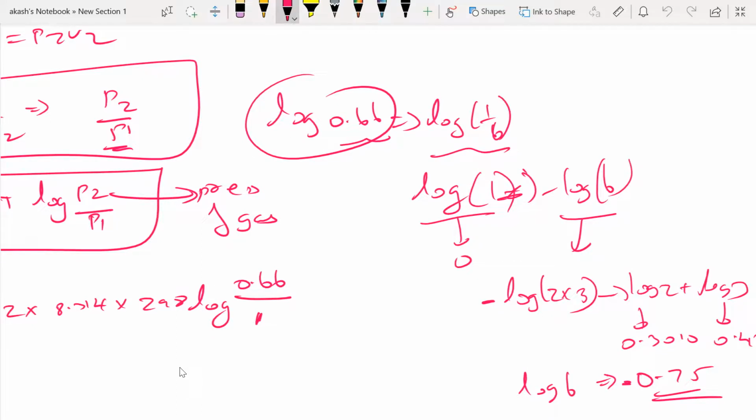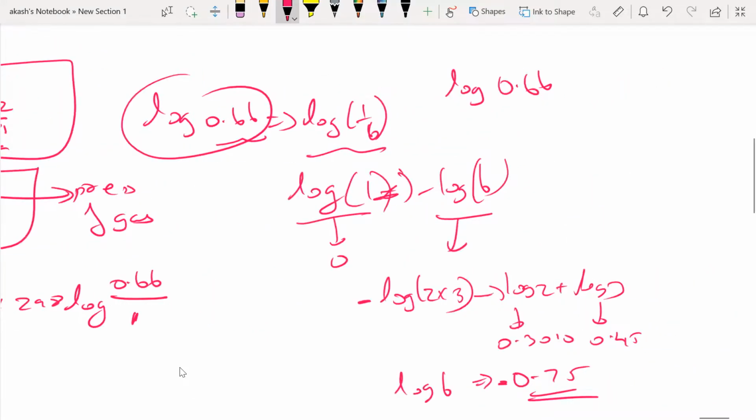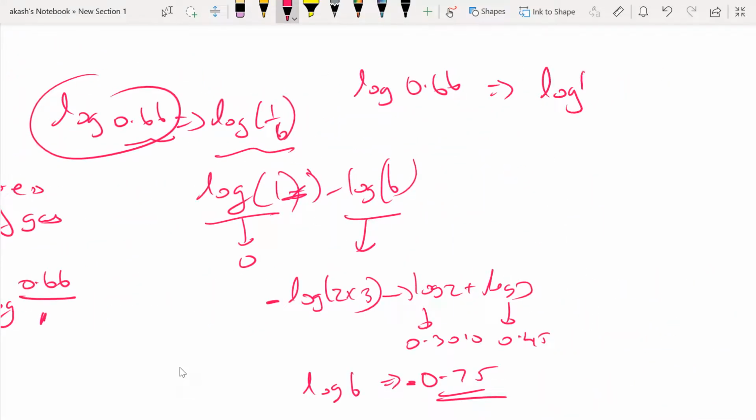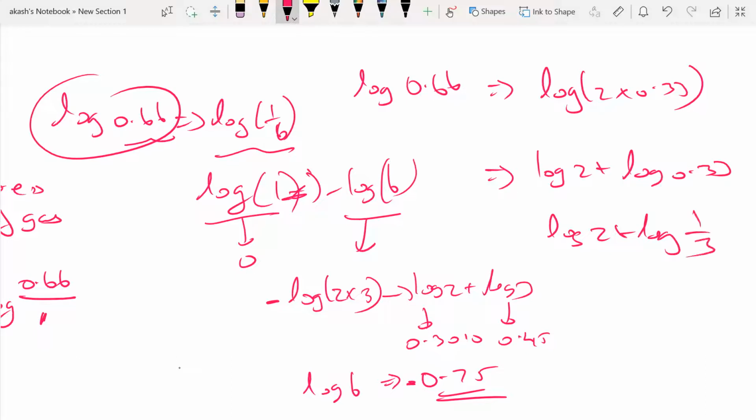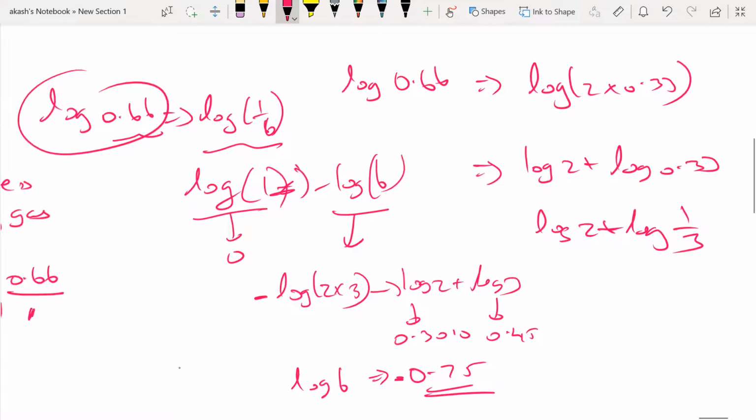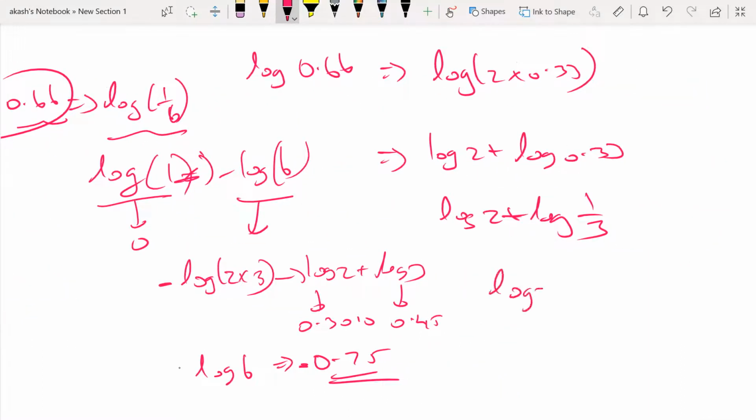We can write it like this. 0.66 I can write as log of 2 into 0.33, and I can write this as log 2 plus log of 0.33, which is log 2 plus log of 1 by 3. Now again I can do the same thing, so it will be log 2 plus log 1 minus log 3.